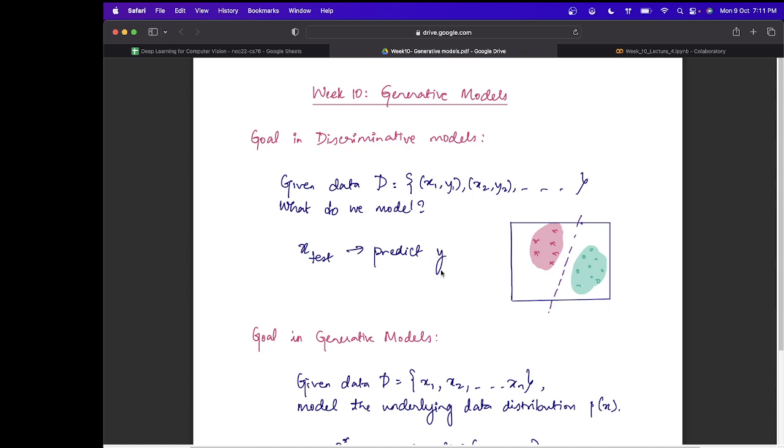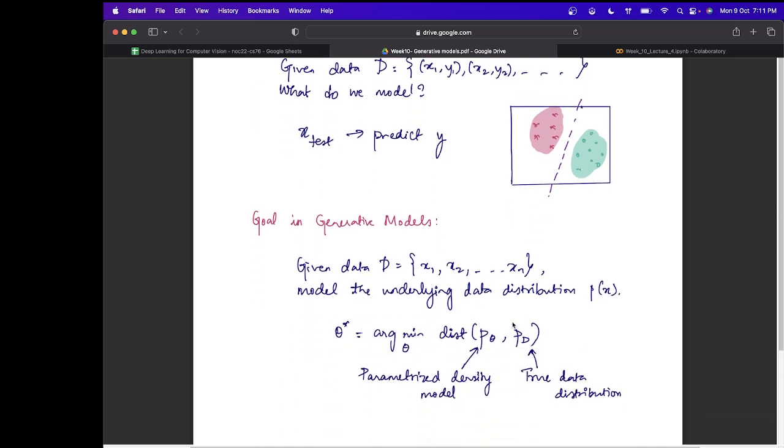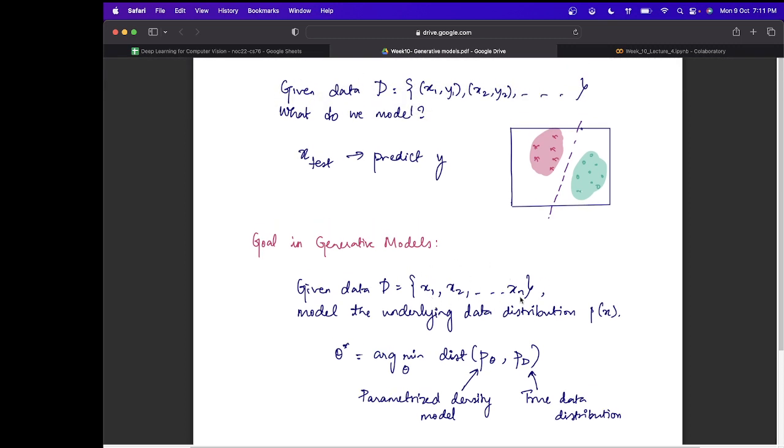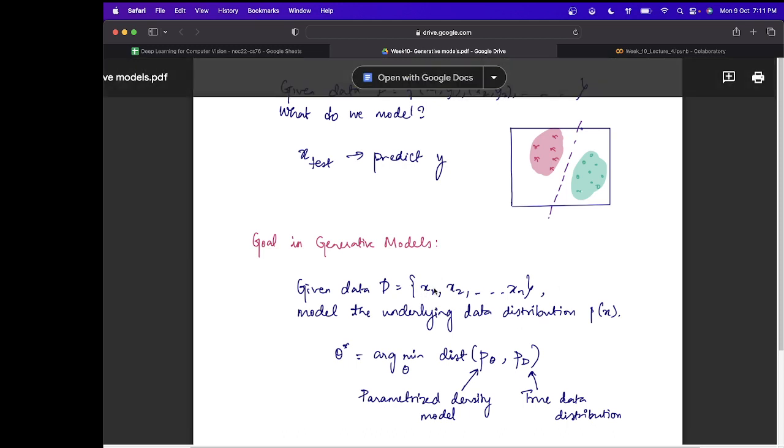That function will not be exact, but it will be a pretty good approximation of the true function. Similarly, here also, the necessity is not to predict a y. We do not have a y here. We are trying to generate new data, right? New samples given these samples, right?